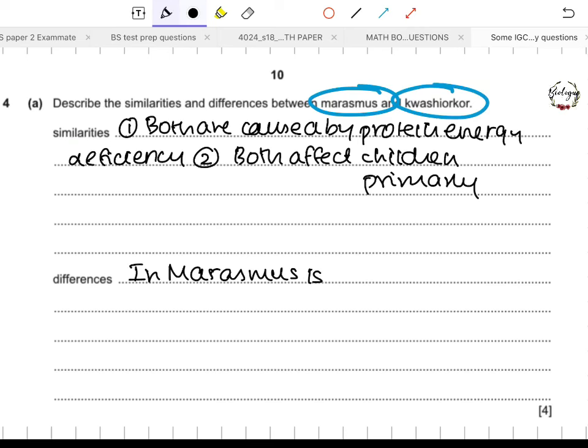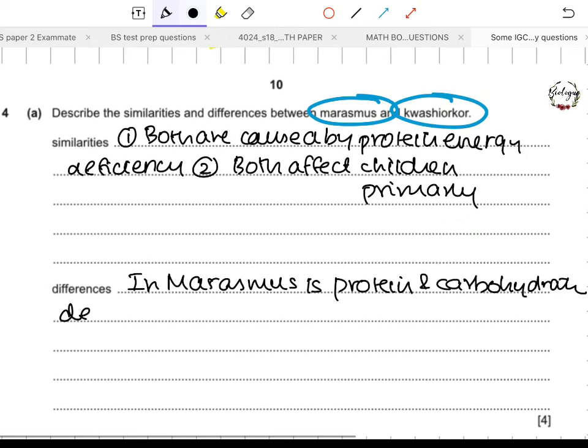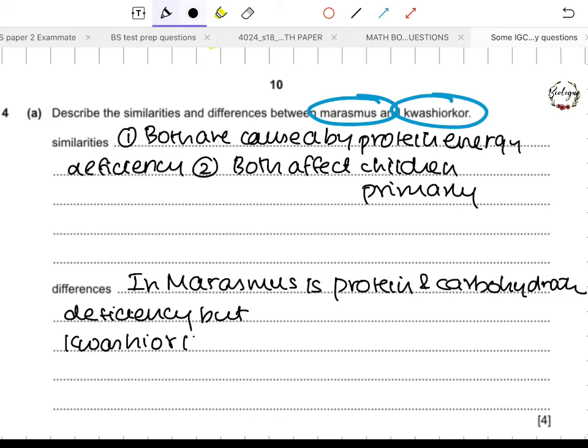Marasmus is protein and carbohydrate deficiency, but kwashiorkor is only protein deficiency.